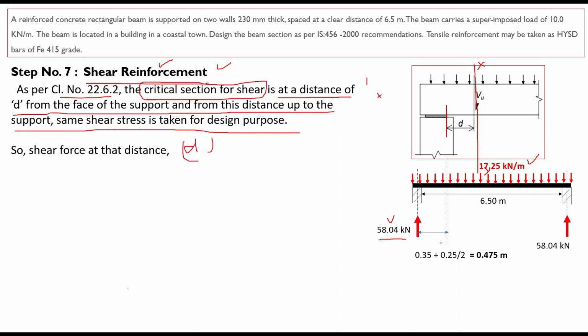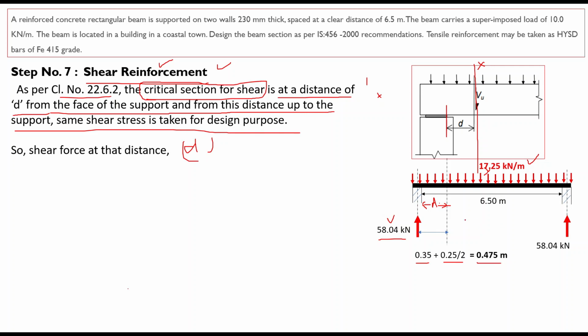And what we have to find out is the shear force at this dotted line, that is the critical section. This is the face of the support, so this will be the d distance, but we are taking the distance from the reaction point, so this distance will be equal to 0.35, the effective depth of the beam, plus half of the width of the support, so it comes out to be 0.475.